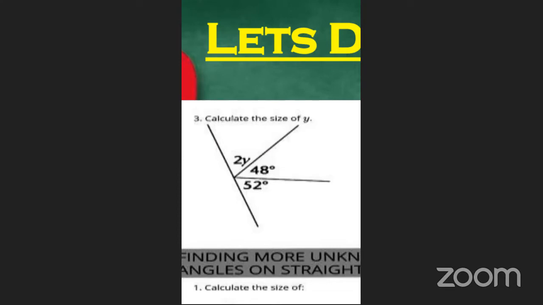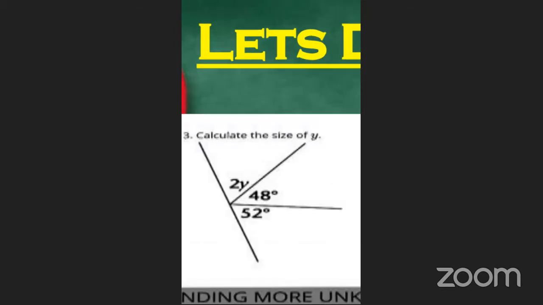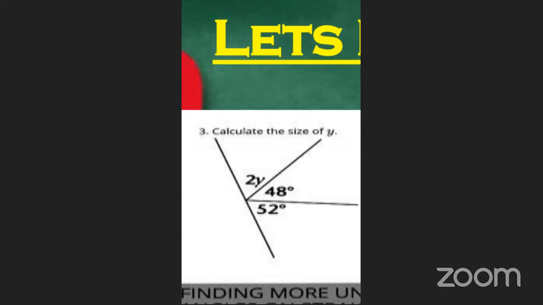There on our angle, we have our straight line. And how many angles do we have in this question? Please answer in the comments. We have 52 degrees, 48 degrees, and 2y.